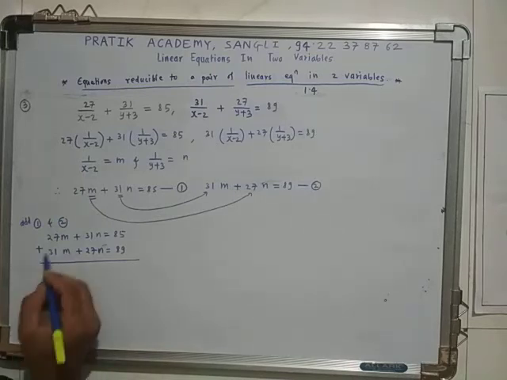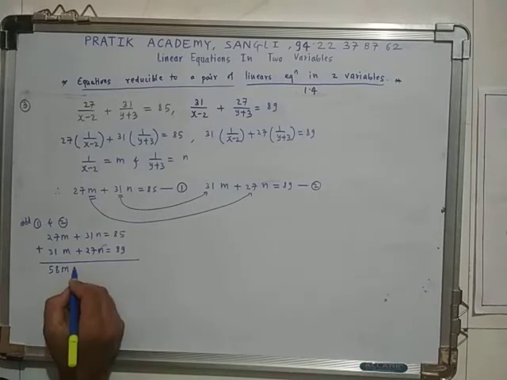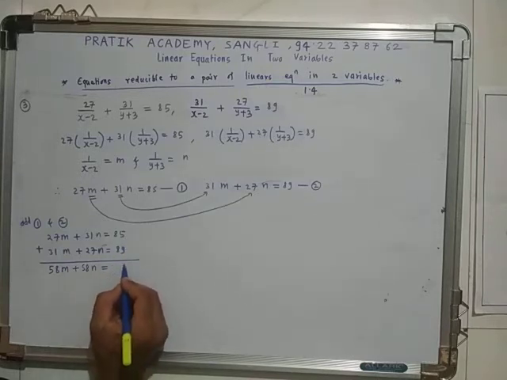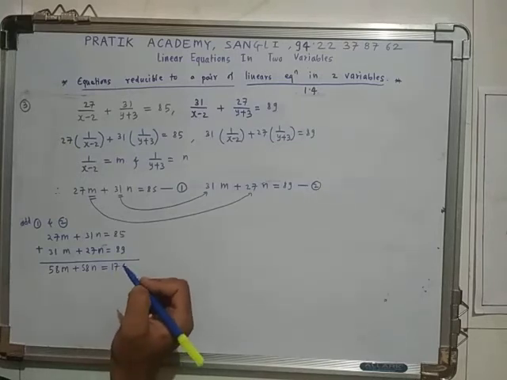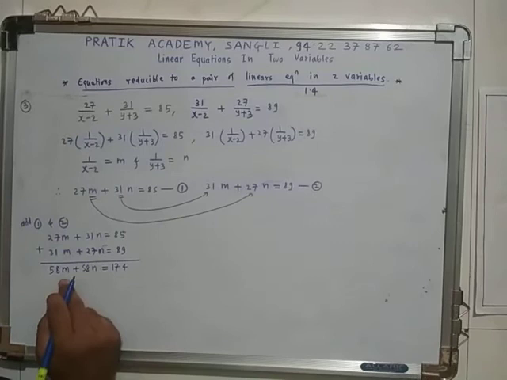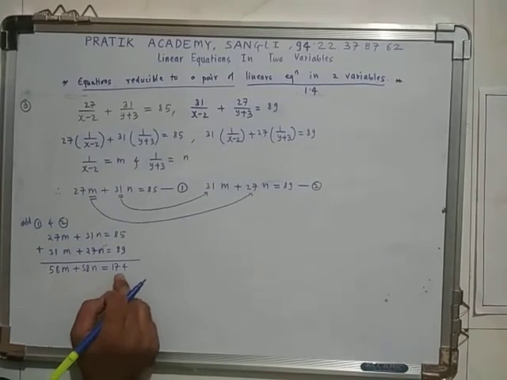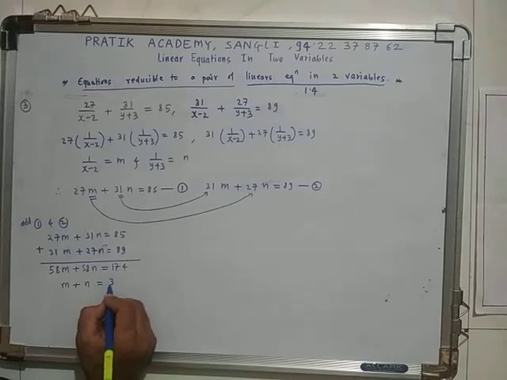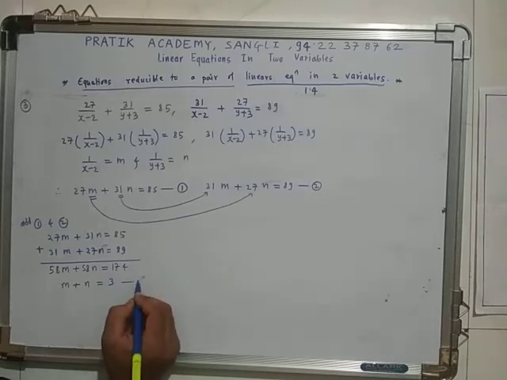After this addition we will get 58m plus 58n is equal to 174. Okay, just 1 minute. So here the equation is 58m plus 58n is equal to 174. If we divide all of this by 58, we will get m plus n is equal to 3. So call this equation number 3 now.